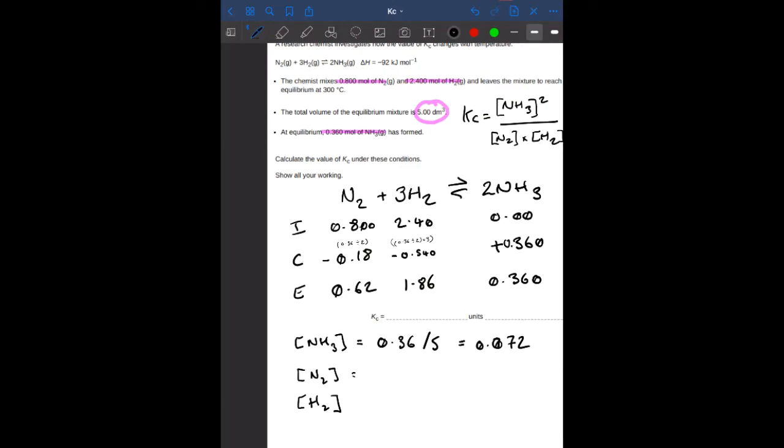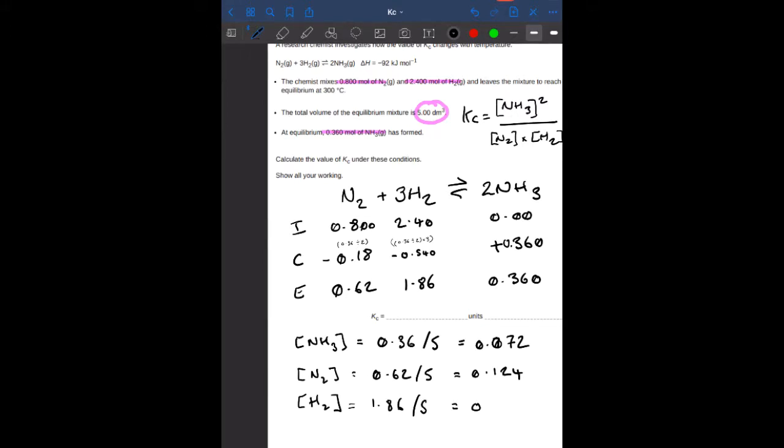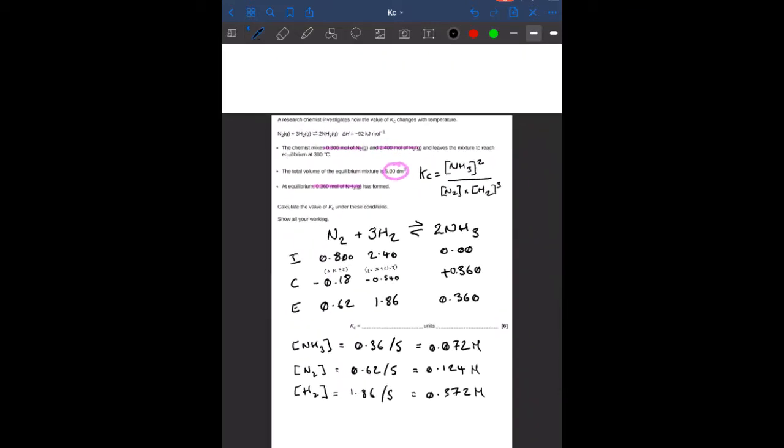The amount of nitrogen, 0.62 divided by 5 gives us 0.124, and the amount of hydrogen is 1.86 divided by 5 equals 0.372. Moles per decimeter cubed, molar. We now have values that we can add in.